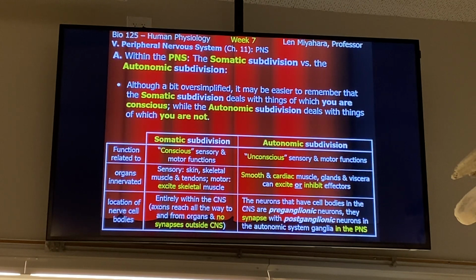Cardiac control center, part of the vital reflex centers, is in the brainstem. It's going to go to a second neuron. We call it the preganglionic neuron, and that's going to synapse with the postganglionic neuron here in green, whose cell body is out in the PNS. That green circle is in the PNS. Everybody see that?